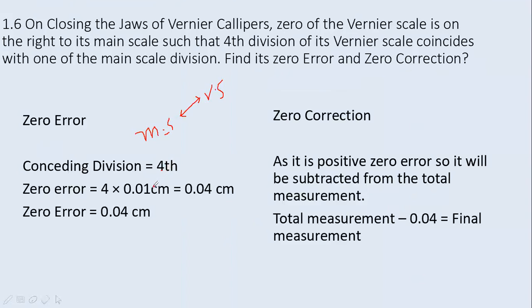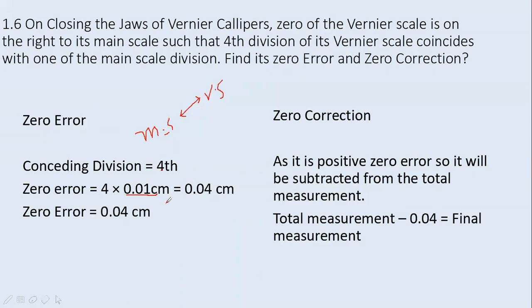This is the least count of the vernier caliper in centimeter. So the zero error is 0.04 centimeter. When the zero of the vernier scale is to the right of the zero of the main scale, the error is positive because zero is to the right. And the line that coincides is the fourth line. So it is 0.04 centimeter.